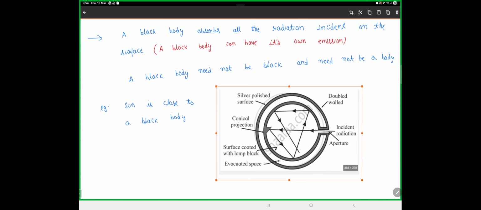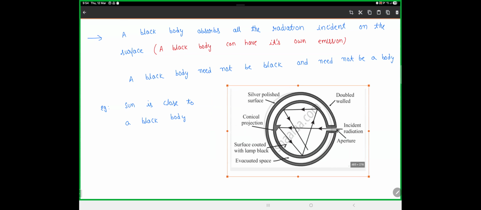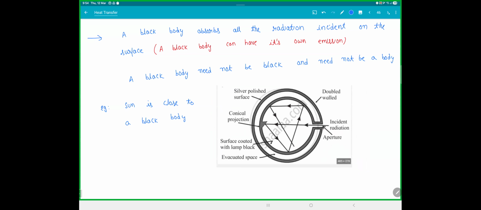So this is the picture there. This is called Ferry's black body. How does this work basically?